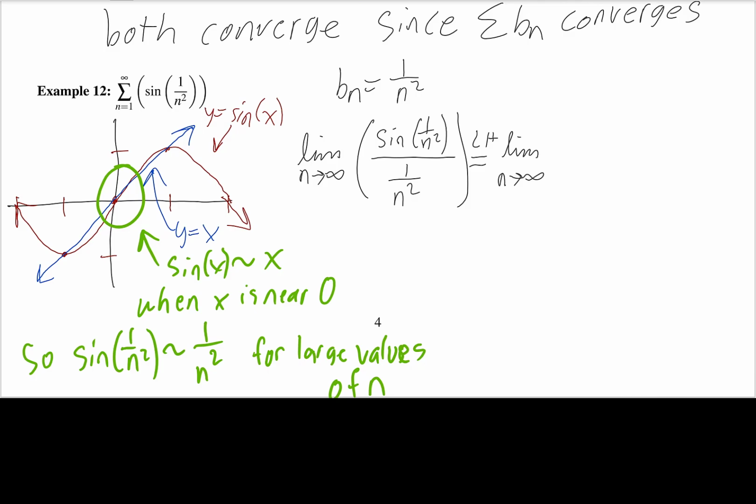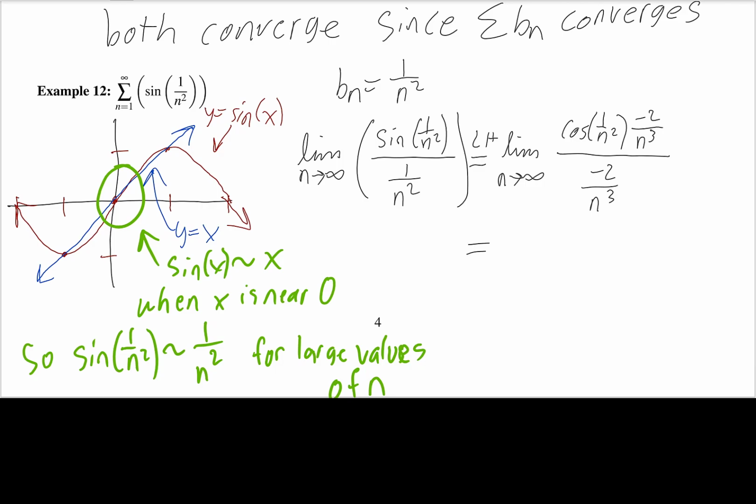This will give me on top cosine of 1 over n squared times the derivative of the inside, that should give us negative 2 over n cubed, and then divided by negative 2 over n cubed.